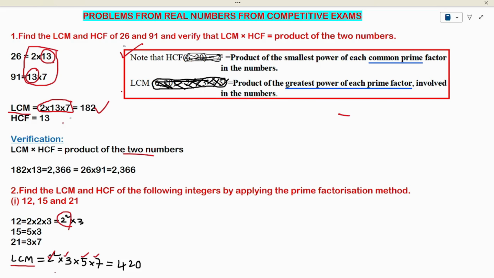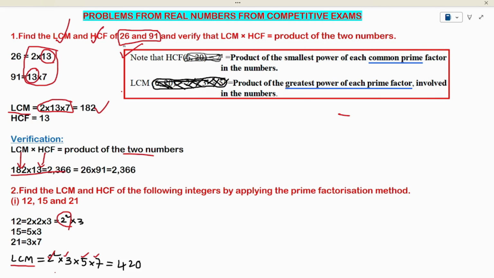So, now I have found the LCM, and also the HCF. Now, I need to verify HCF into LCM equals the product of these two numbers. The numbers given in the question are 26 and 91. We know that LCM equals 182, HCF equals 13.